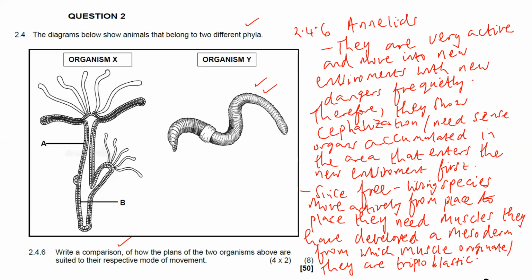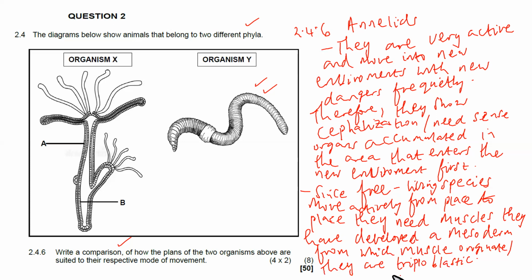Free living species move actively from place to place, like we humans, we keep moving. These organisms are also living species, and they keep moving from place to place. They need muscles. They have developed a mesoderm from which muscles originate.